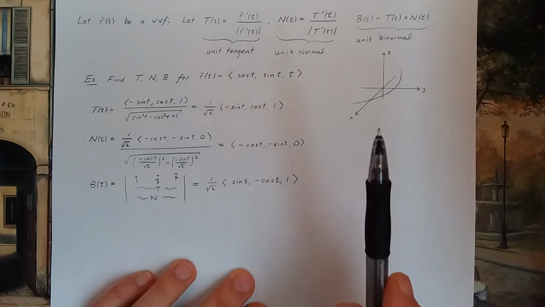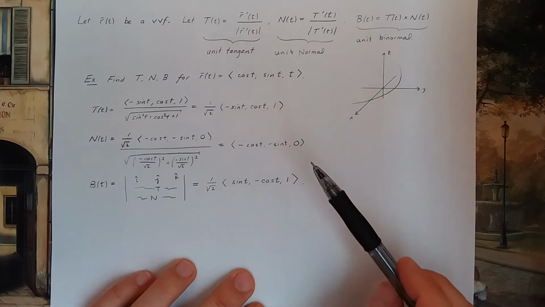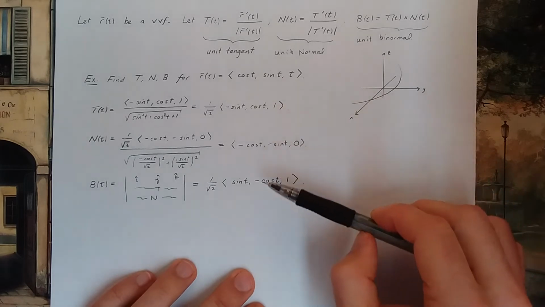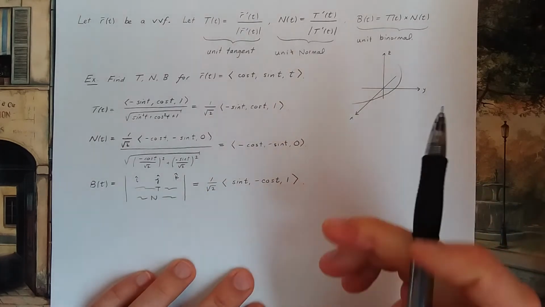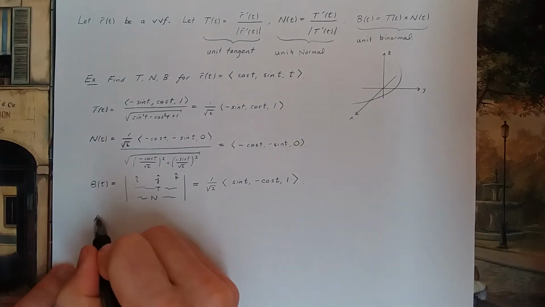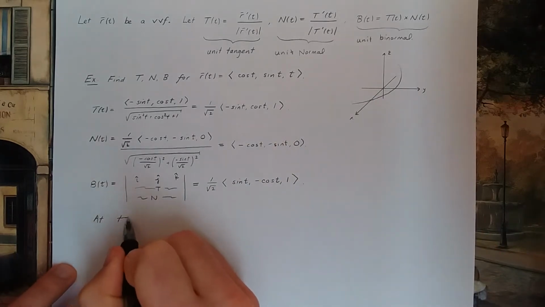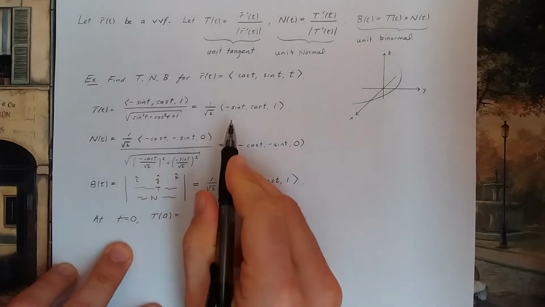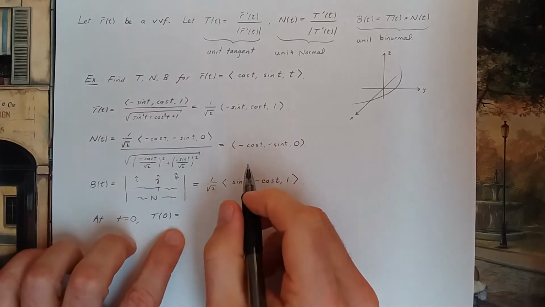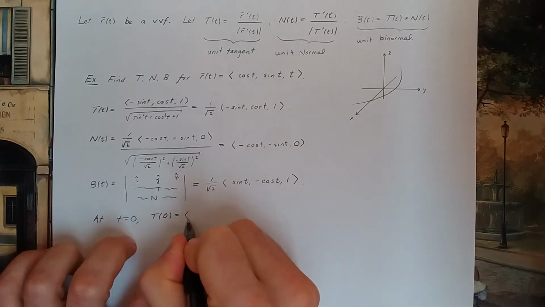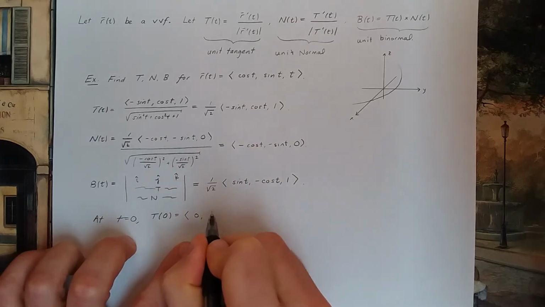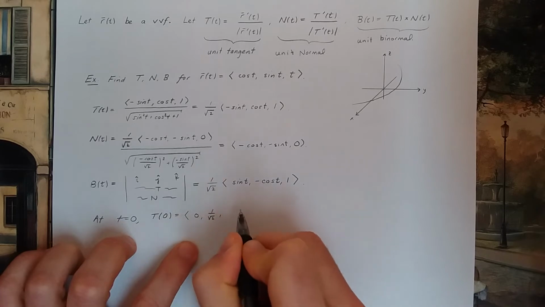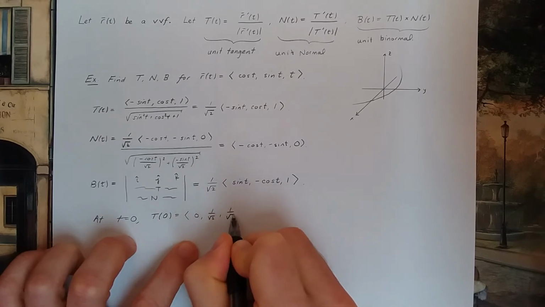If you put in different values for t, you get different vectors. Let's see what happens at t equals 0, say. At t equals 0, I plug in 0 for t, and I get the unit tangent vector is the vector 0, 1 over the square root of 2, 1 over the square root of 2.